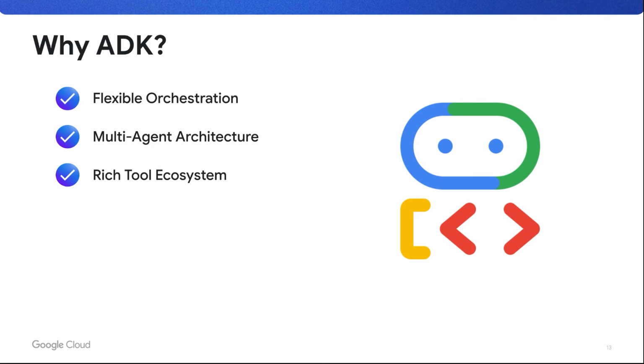The ADK is deployment ready, so you can containerize and deploy agents from your local machine, scale with Vertex AI Agent Engine, or use your own infrastructure if you're more familiar with Cloud Run or Docker.